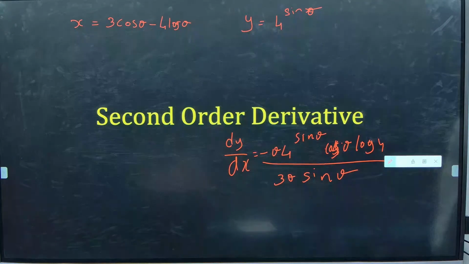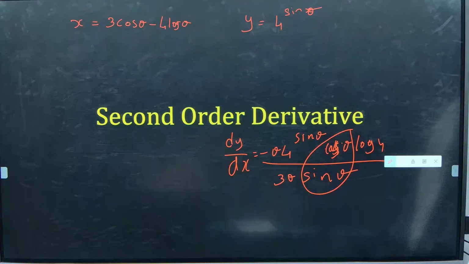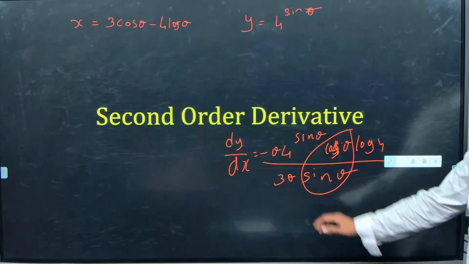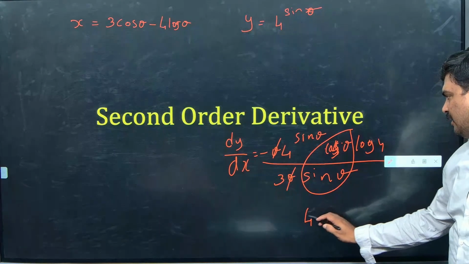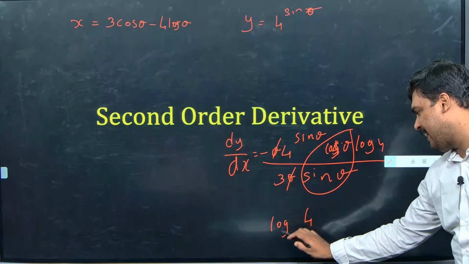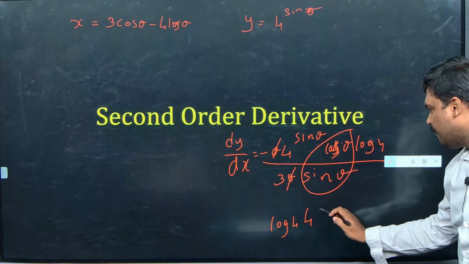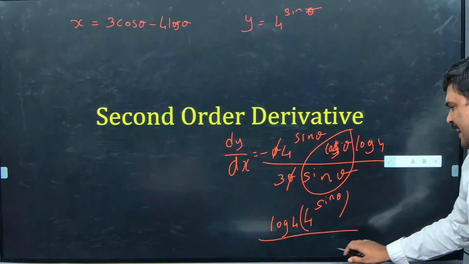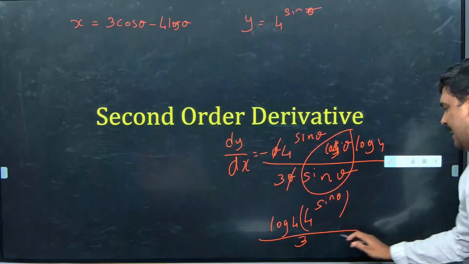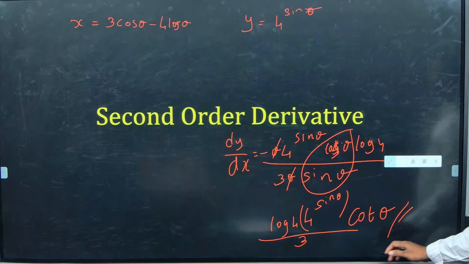Sir, I got the same answer. Yeah, this cos theta by sin theta can be changed to cot theta. And this theta and this theta are in multiplication, so we can cancel it out. First, log 4 we can write first because it is a coefficient. So log 4, 4 power sin theta, make the bracket, divide by 3, and here cot theta, and I will put minus here.